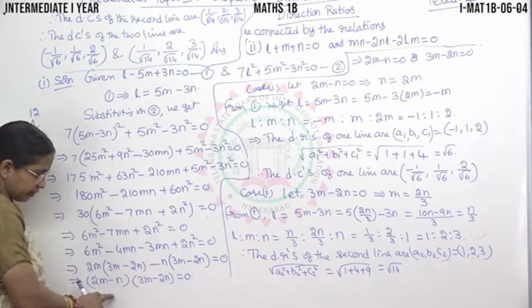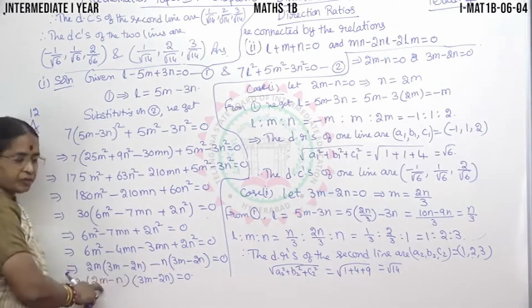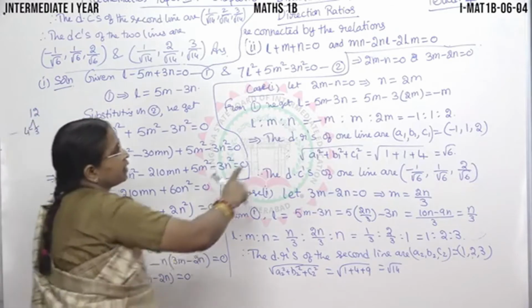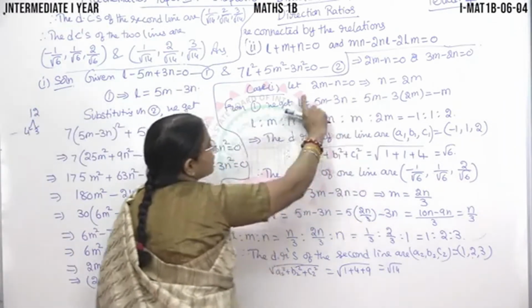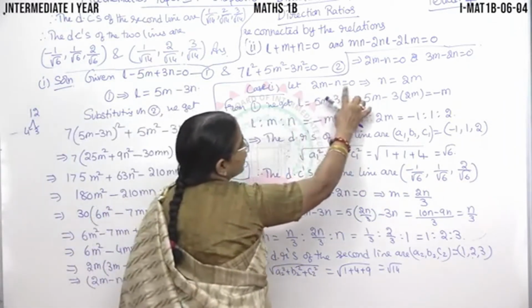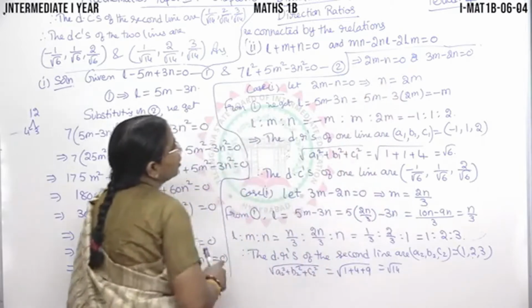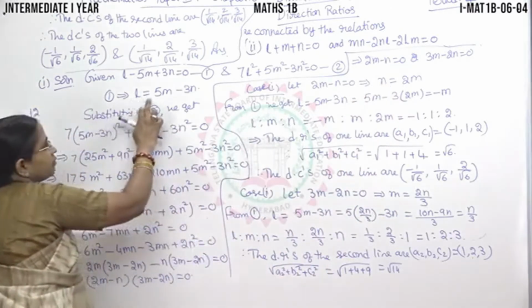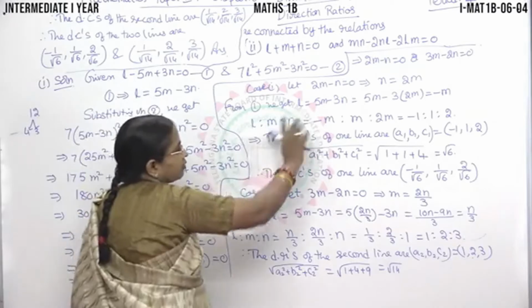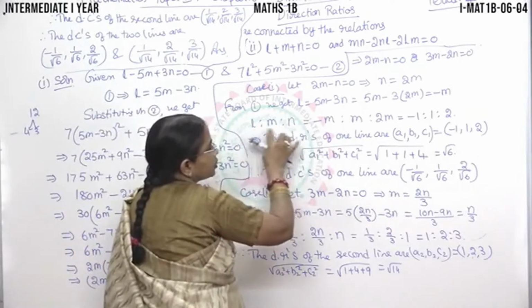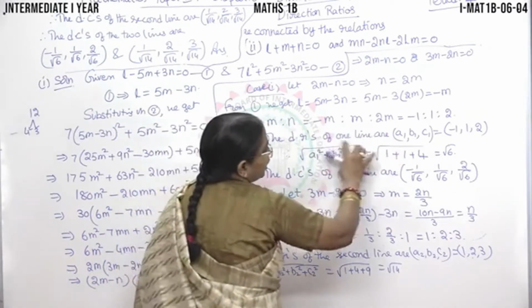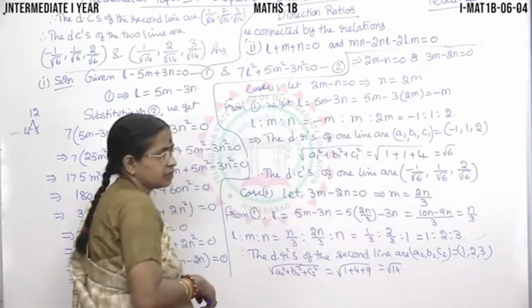Then we'll find the factors. We always get two factors like this. Now first factor is equal to 0. Consider first factor is equal to 0. Whichever you find convenient, that value you find out. And then substitute in this equation and find out the other value. Then take the ratios.